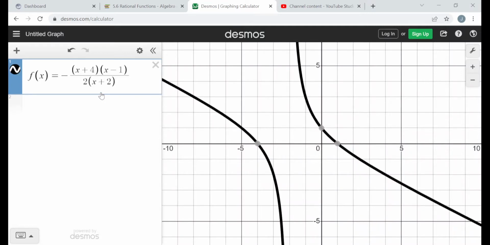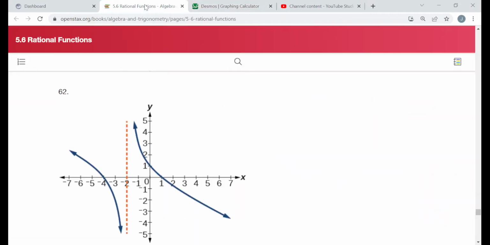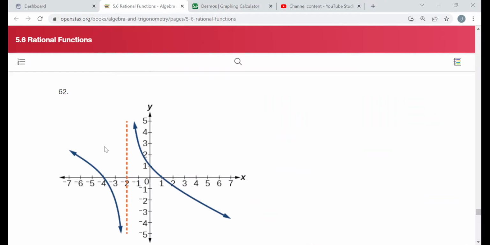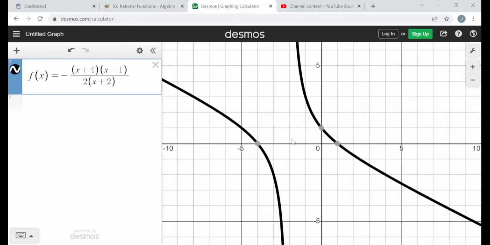And yeah, that looks pretty close to what I'm looking at here. So going to negative infinity to the left of negative 2, positive infinity to the right of negative 2, you got 0, 1, you got 1, 0, you got negative 4, 0. The graph's crossing over at those. Looks like it has a nice slant asymptote with a line going from upper left to lower right. Looks pretty darn close to me. So good function.